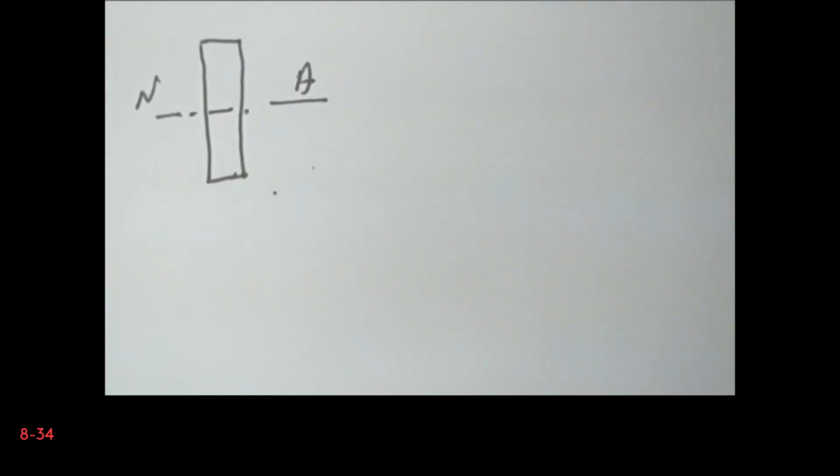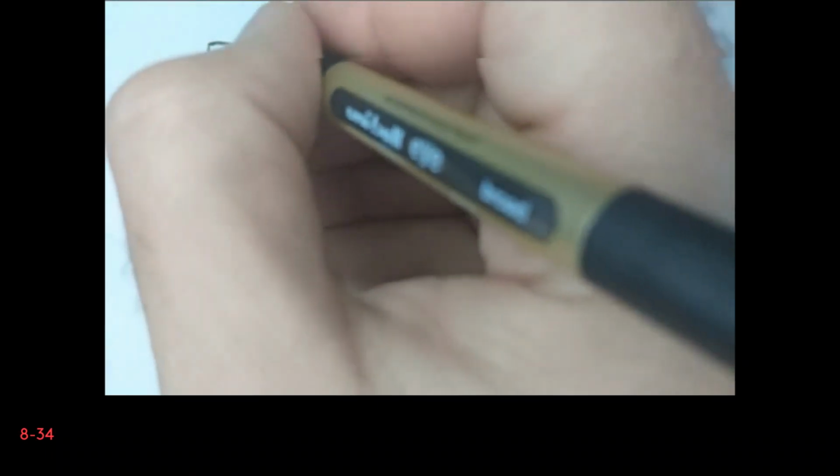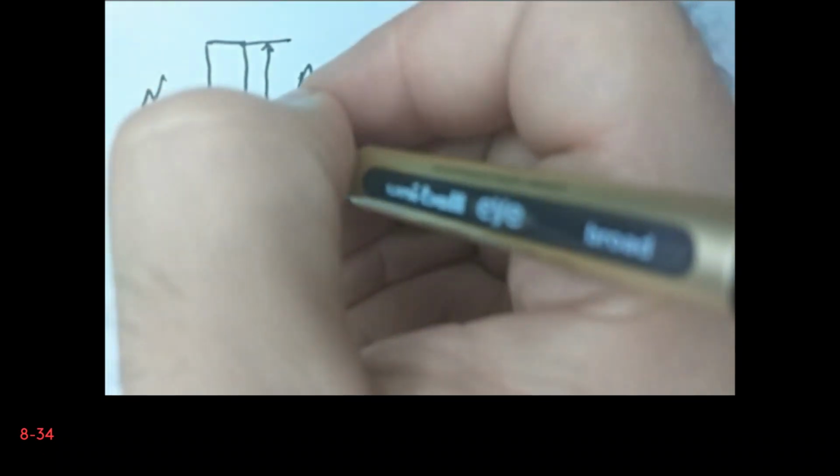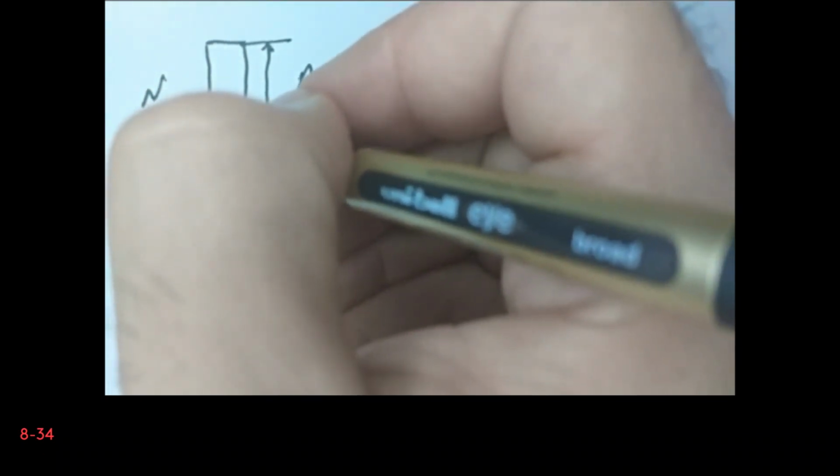Here, let's say that the width dimension is d5 and it has a height, this is d6 here.